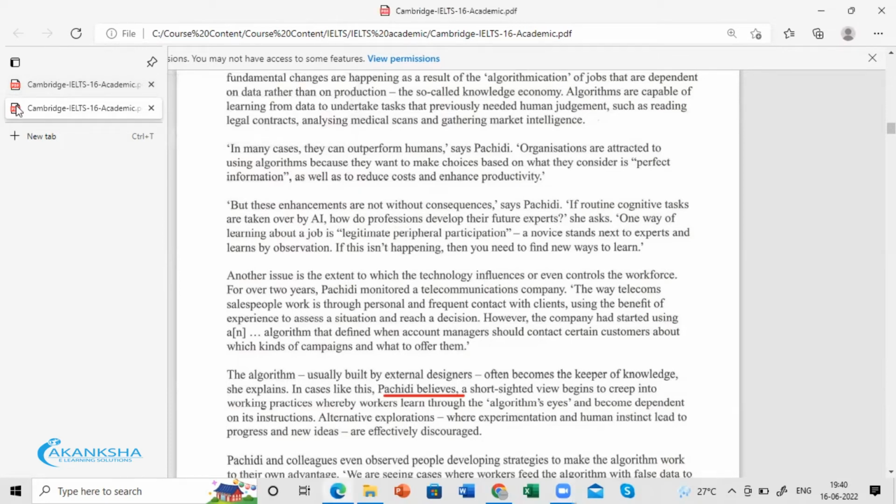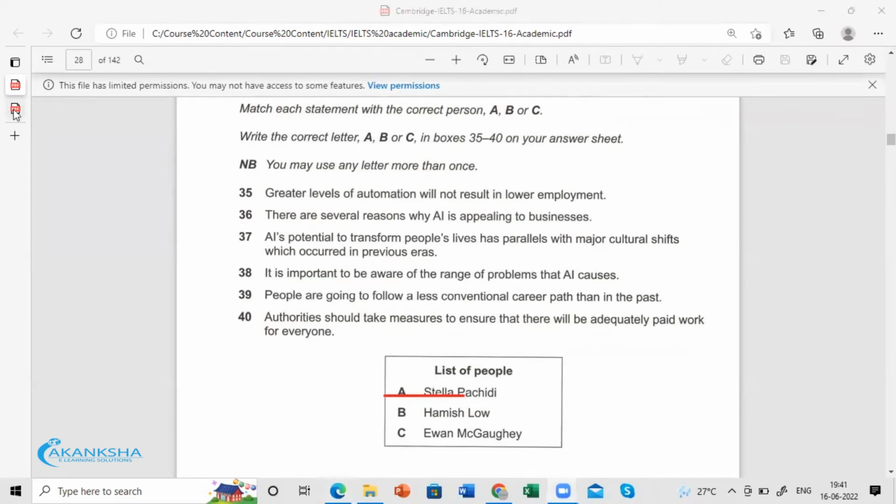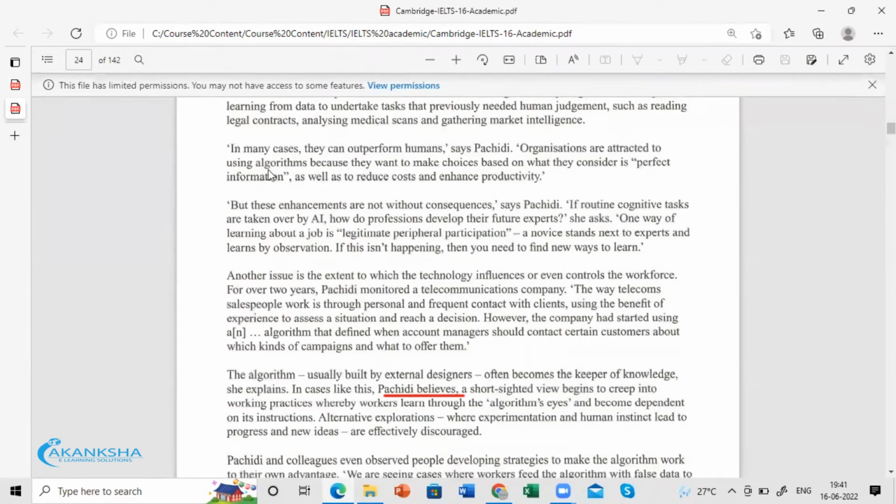Now let's see which statement talks about that here. Greater levels of automation will not result in lower employment. That he doesn't talk about. Lower employment? He doesn't say. There are several reasons why AI is appealing to businesses. Yes, he says this because he states the point that in many cases they can outperform humans.